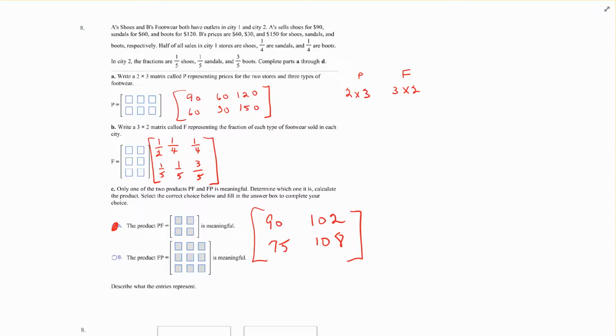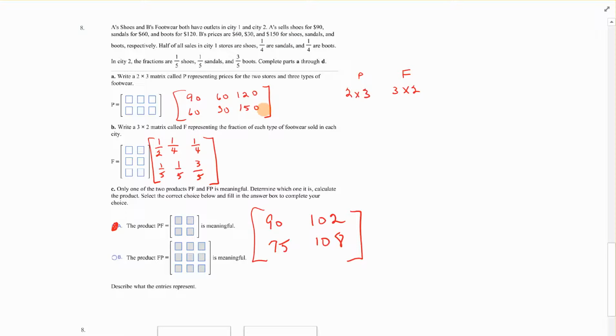Write a 2 by 3 matrix called P that represents prices for the 2 stores and the 3 types of footwear. All right, so in P we have 90, 60, 120. That's going there. And then in the second row we have the other prices, 60, 30, 150.